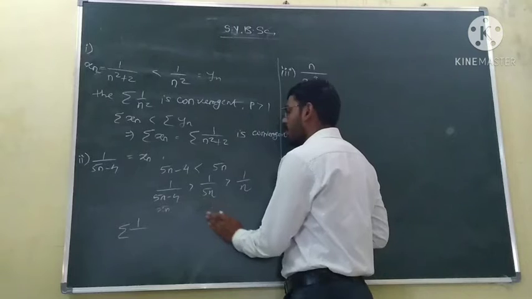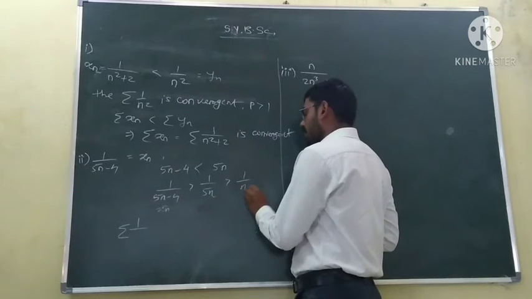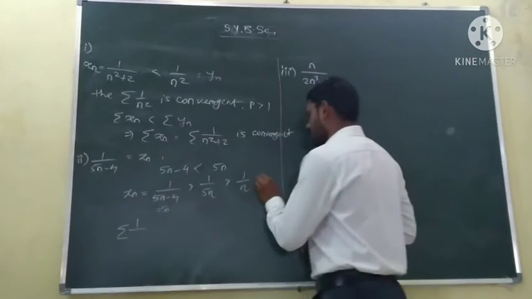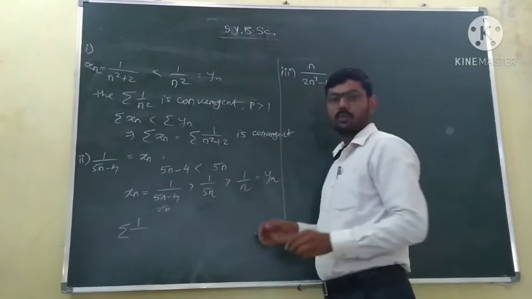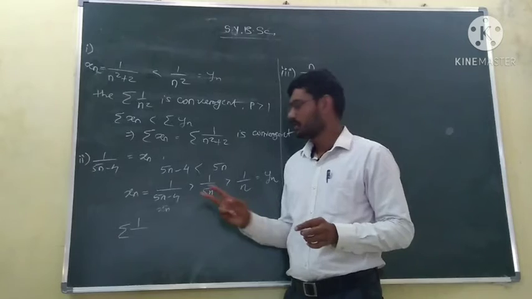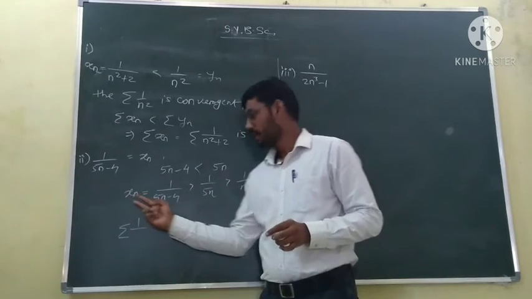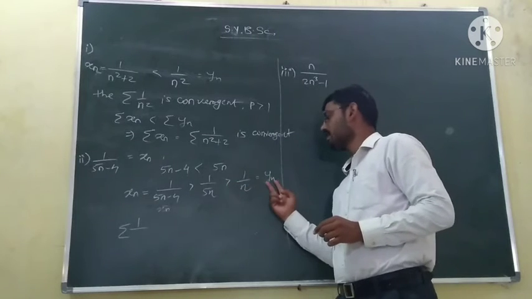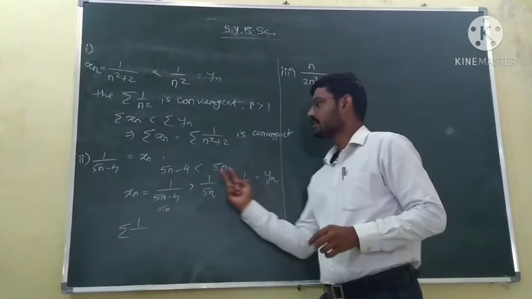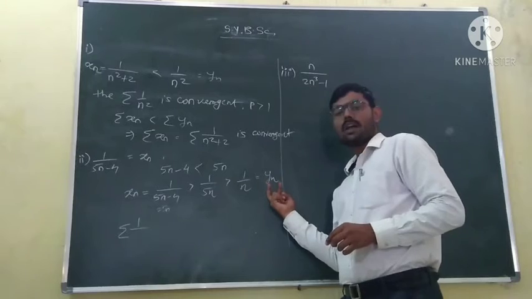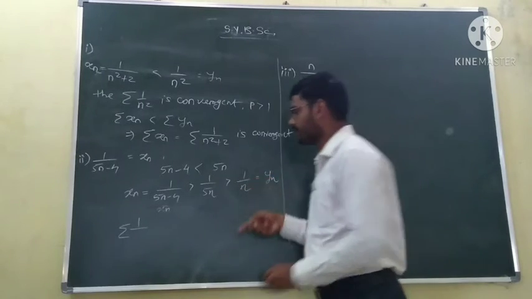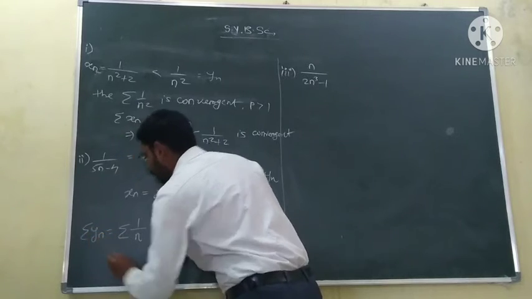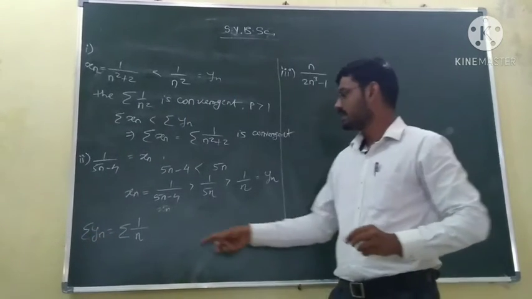So instead of taking 1 by 5n as yn, we take 1 by n. So this is our xn and this is our yn. The xn, 1 over 5n minus 4, is greater than 1 by n, which is yn. So the series xn is greater than series yn, and the series yn is equal to series 1 by n, and this series is divergent.